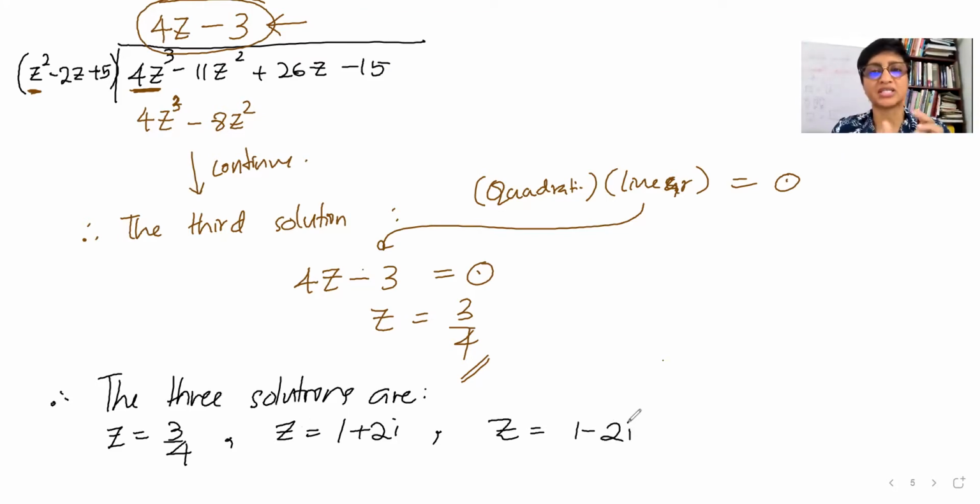These three numbers satisfy that equation. If you substitute any of these numbers into that, the equation will be true. You put it into the left-hand side, it'll be equal to 0 because you had 0 on the right-hand side. They're satisfied, okay?